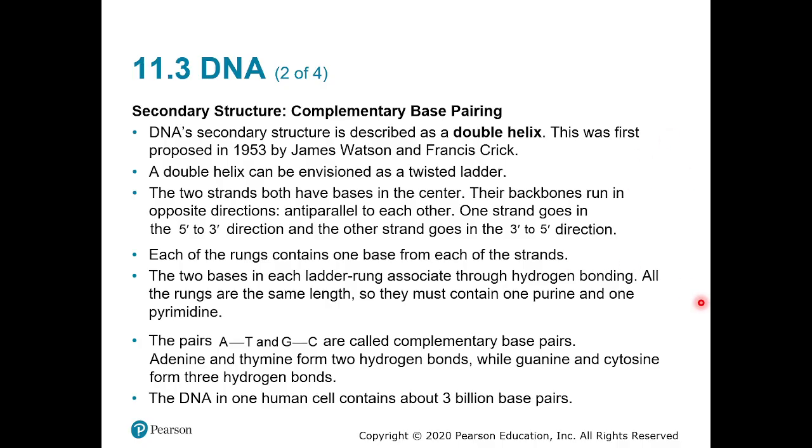And so each of the rungs is then going to contain one base from each of the strands, which matches up in the middle, so that they can match up in hydrogen bonds. And that's what holds that structure together between the two strands. Okay. They're going to, again, contain one purine, one pyrimidine in this ladder orientation. So the ladder rungs are always about the same length, which is 3 rings in length.